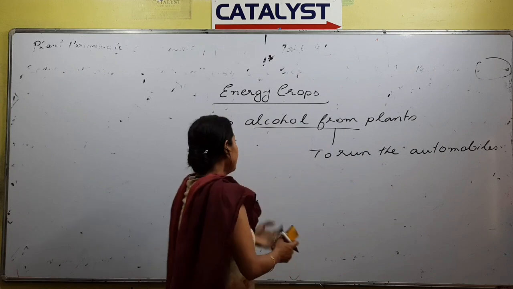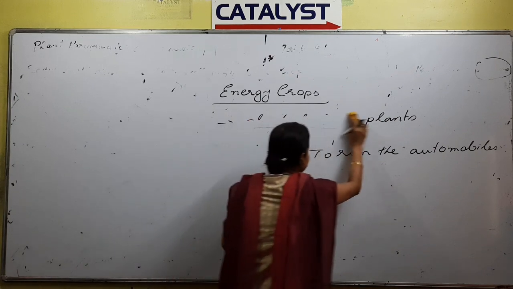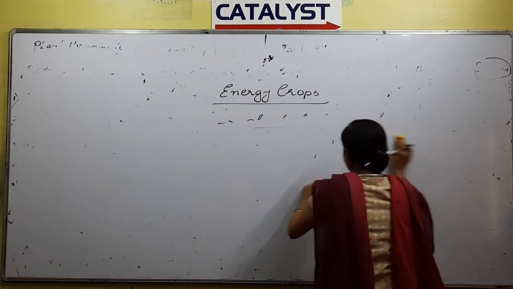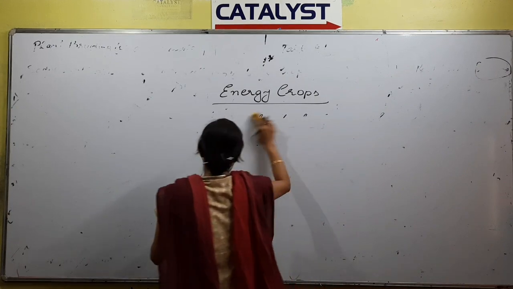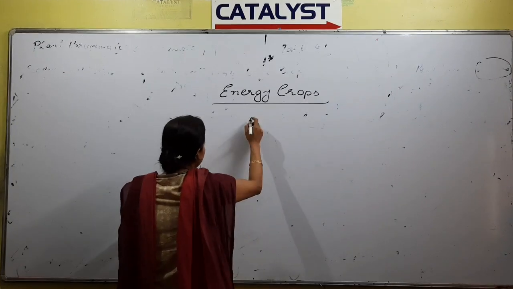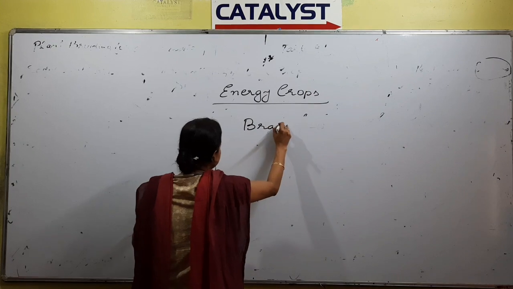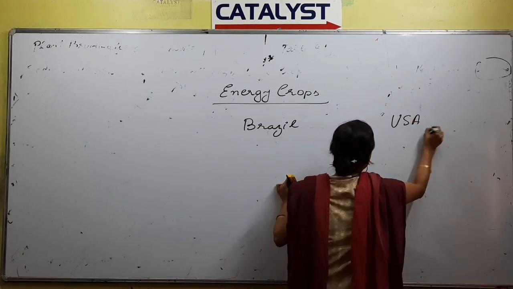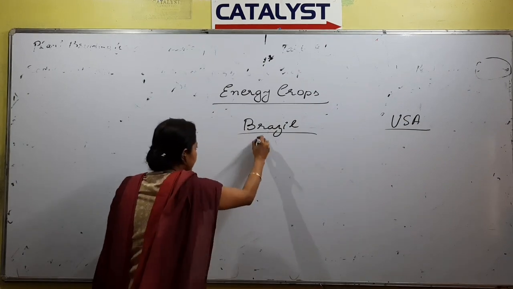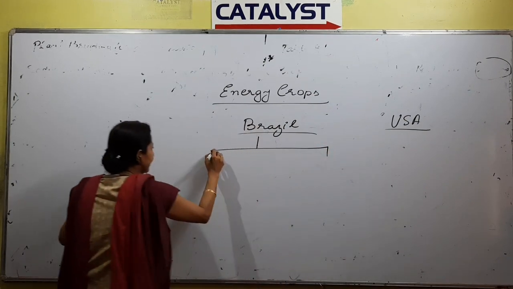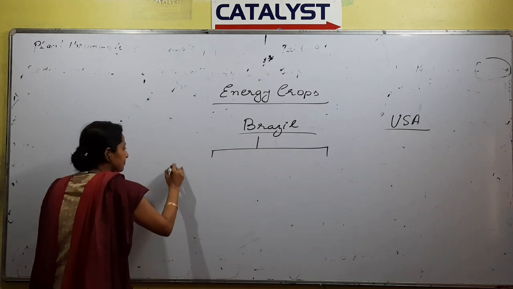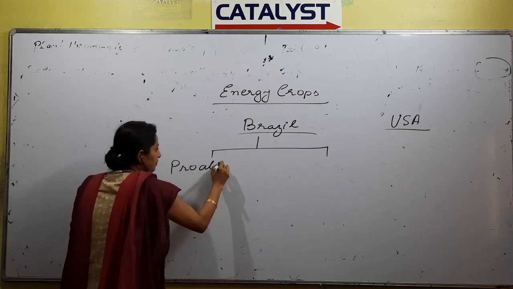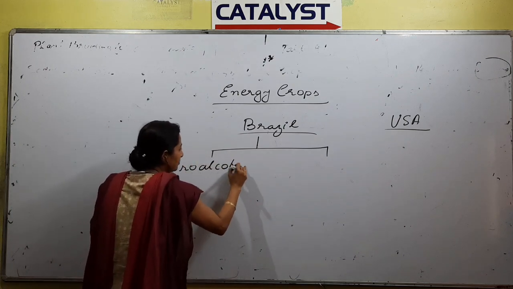So various programs have been conducted, and when we talk about these different programs conducted in the world, we have to talk about some of them. For example, there are certain programs that have been conducted in Brazil and some in the USA also. When we talk about Brazil, they are conducting a program called the Pro Alcohol Program, right?